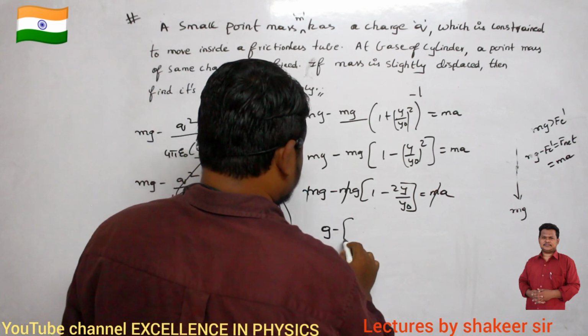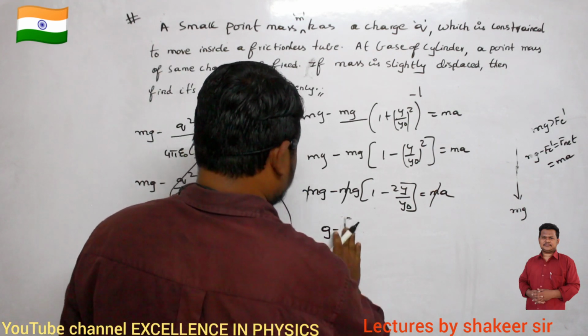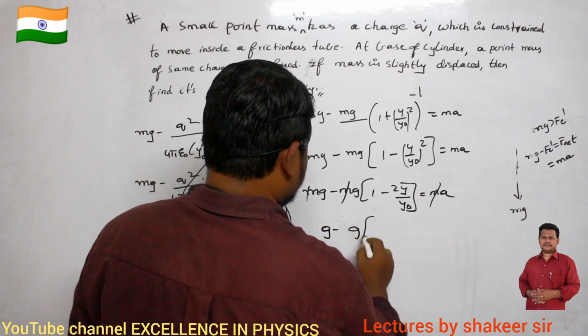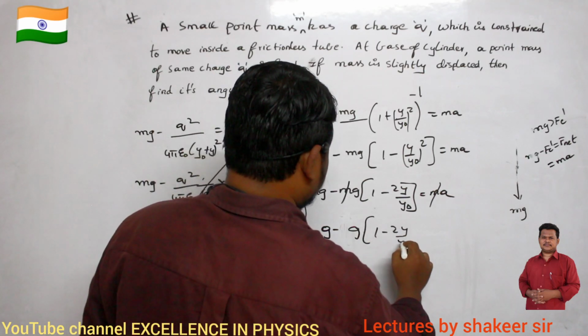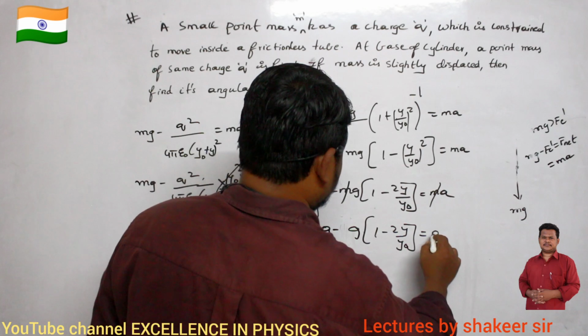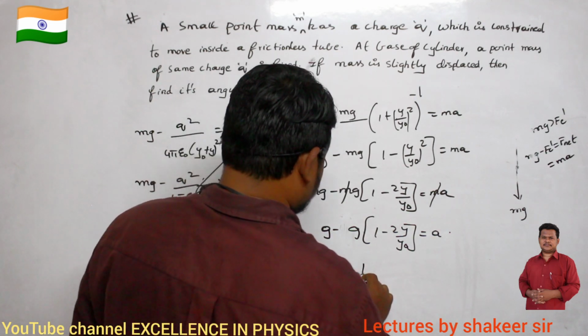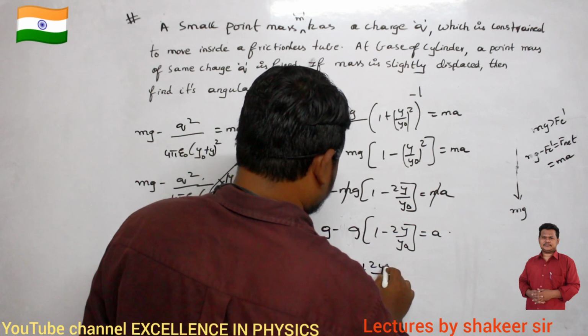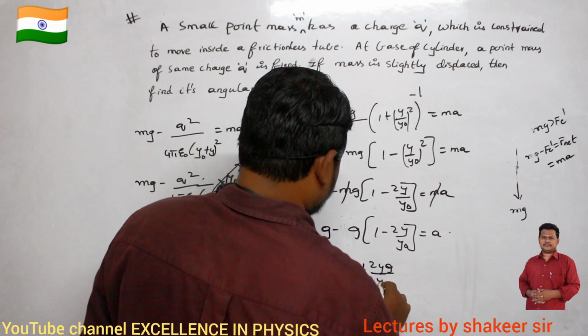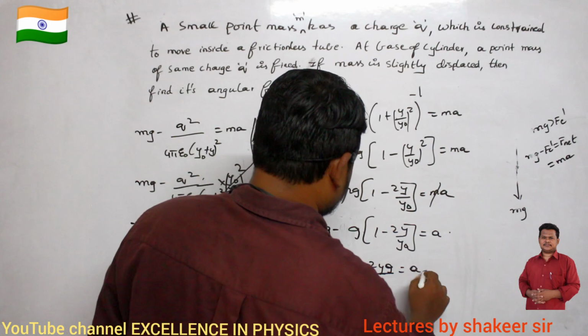So g minus g into (1 minus 2y divided by y naught) is equal to a. Clear? So g minus g plus 2yg divided by y naught is equal to a.